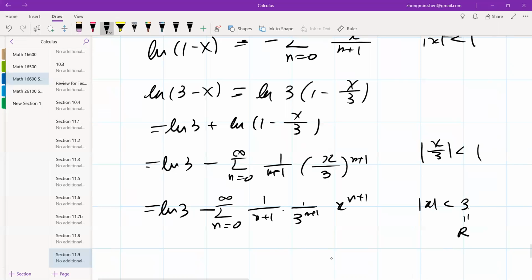So today we just learned the power series representation. What is a power series representation? We also learned that if a function can be expressed as a power series, then you can differentiate or integrate both sides. You're not going to change the radius of convergence on the right-hand side, but the function will be changed.